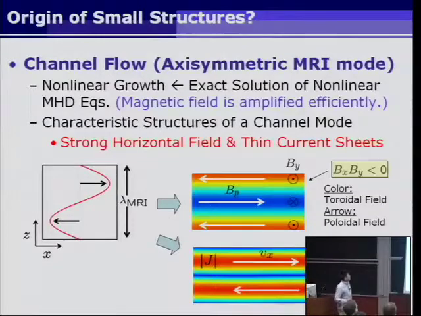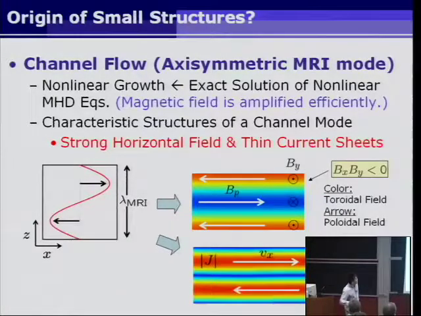This is the characteristic structure of the channel mode. The channel mode stretches the magnetic field line by horizontal motion in opposite directions. As a result, the magnetic field geometry becomes like this.